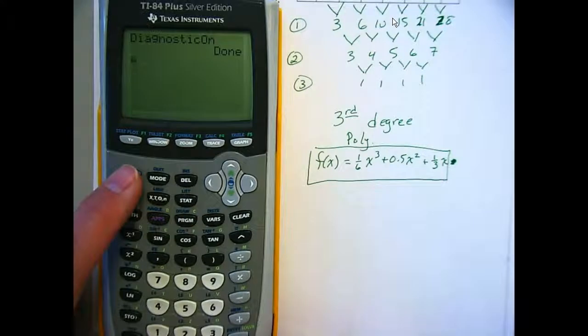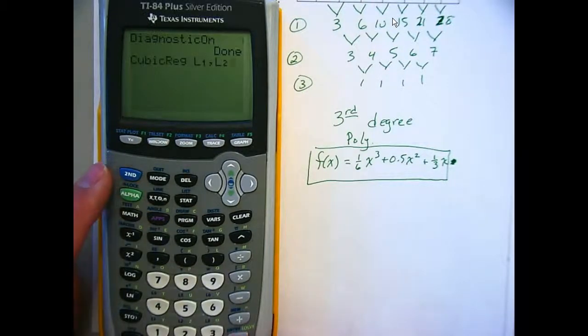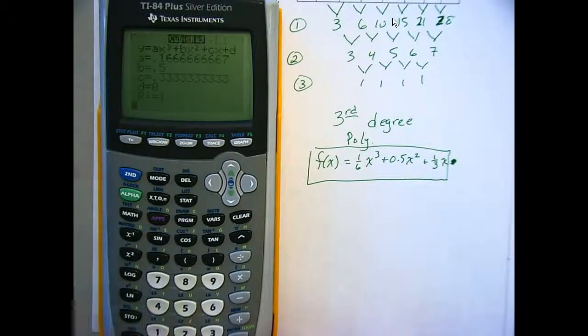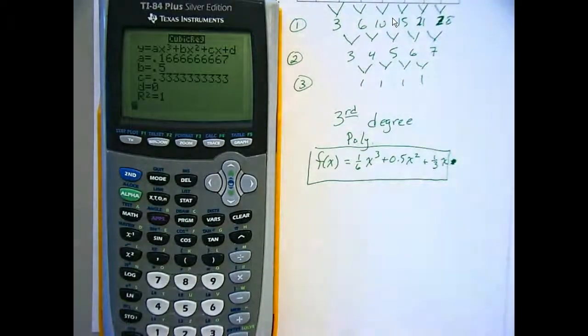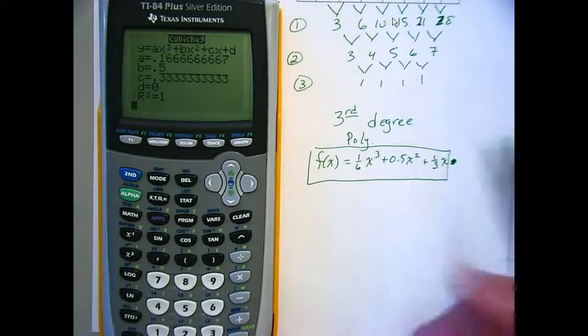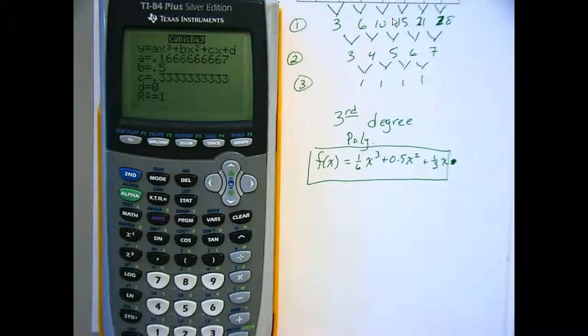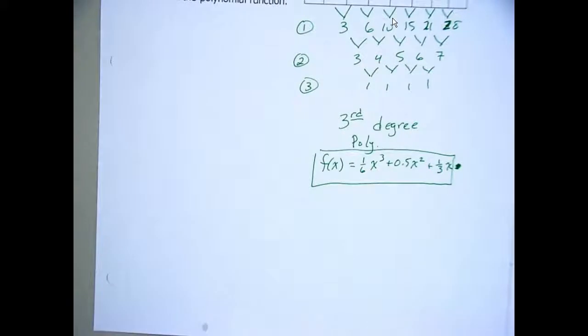And then if you went through that same process of cubic regression, it tells you r squared is 1, which means it's a perfect match. The closer you are to 1 or -1, the closer that match is. We know it's a perfect match because of finite differences. Infinitely cool, man.